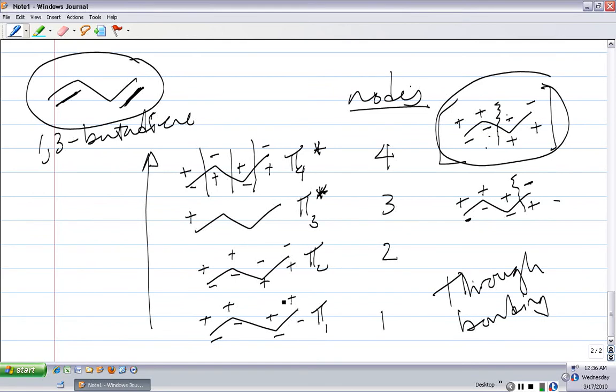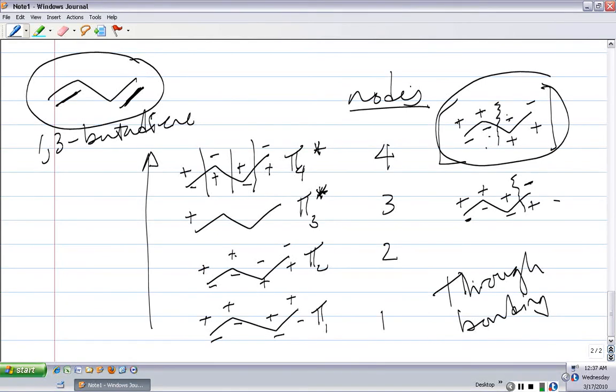Whereas in the case above, this atom feels and is stabilized by this one. It has no interaction with those. So pi 1 and pi 2 are the most stable states of all, but pi 1 is the most stable state.